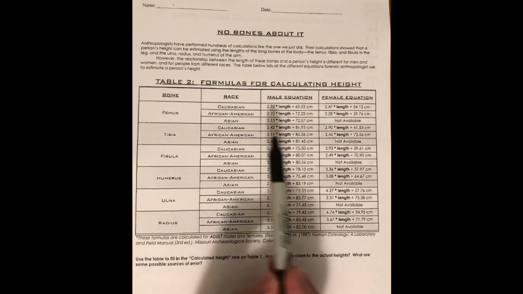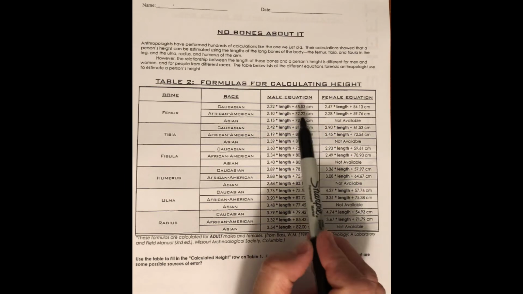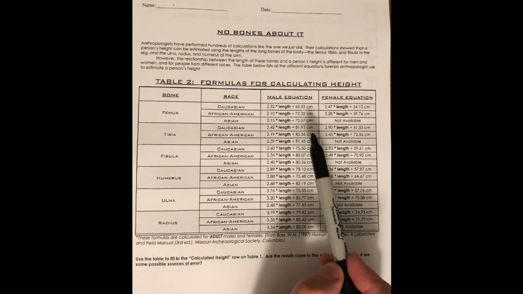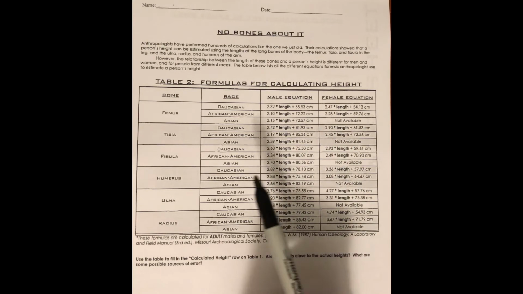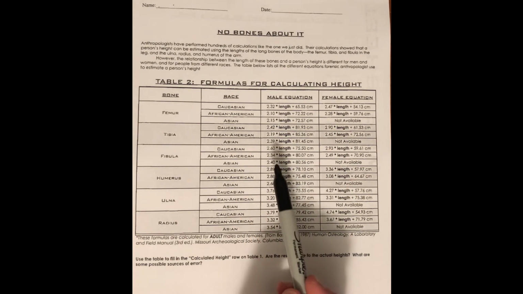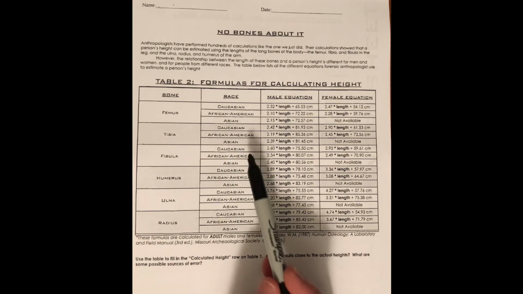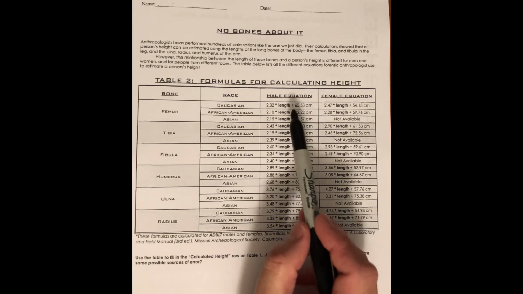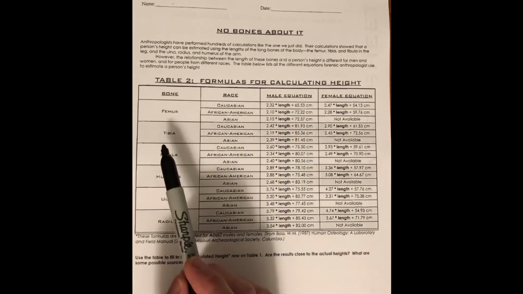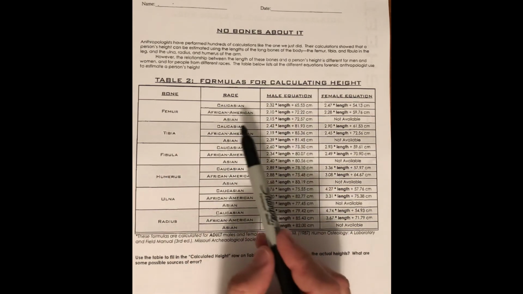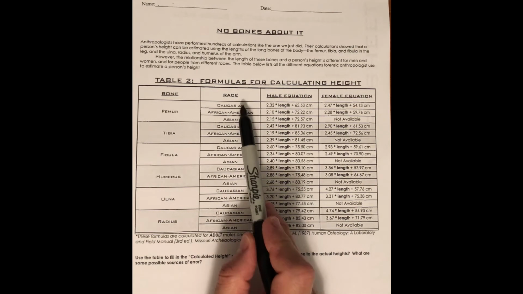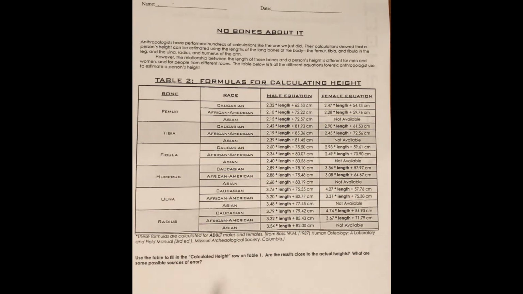So in order to have an equation that can effectively and accurately estimate someone's height based on the length of their bone, you need hundreds and hundreds of samples. So while now they are getting more and more samples of people of other races, they don't have enough data to make an accurate equation based on their sample size. So you're going to go ahead and use these ones, and the data that we've provided, the questions we provided only take into account these races and sexes.